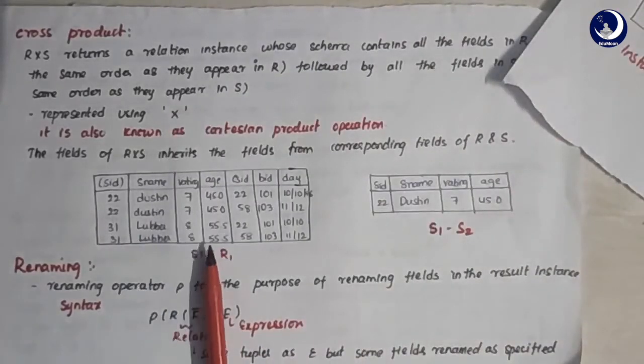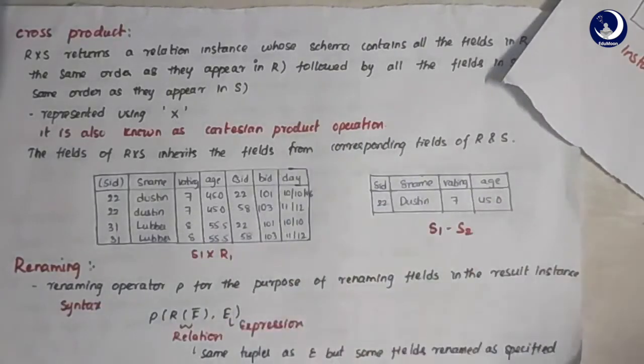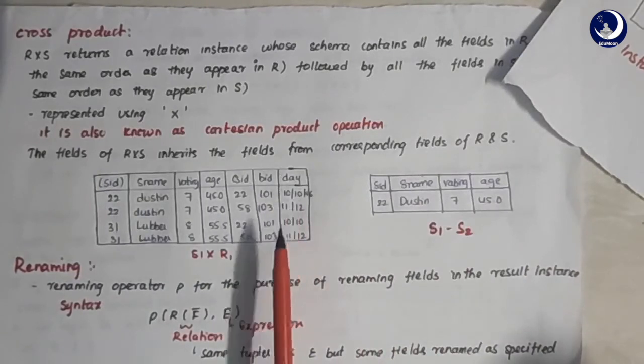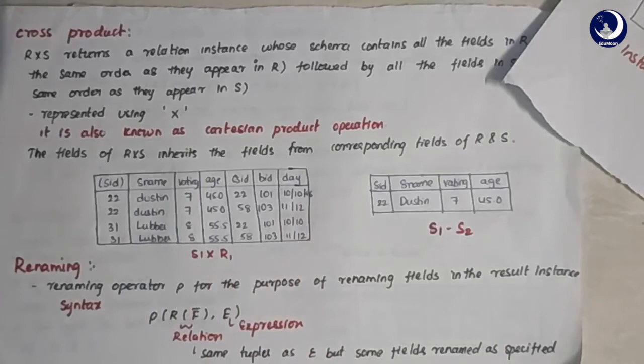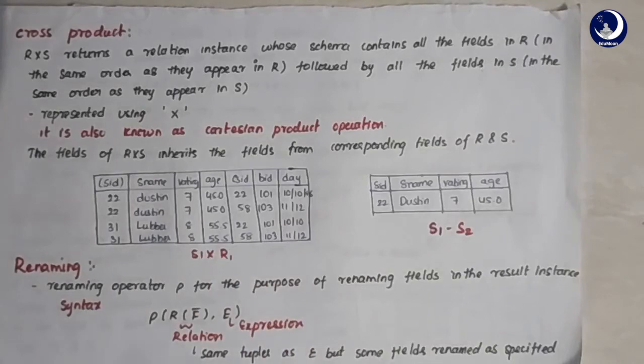See, 22, 22, 31, 31 with both of the fields that are present in the reserves table. Here I did not complete the entire table. Sorry, I was a bit lazy. But you will get all the tuples combined with the tuples that are present in R1.